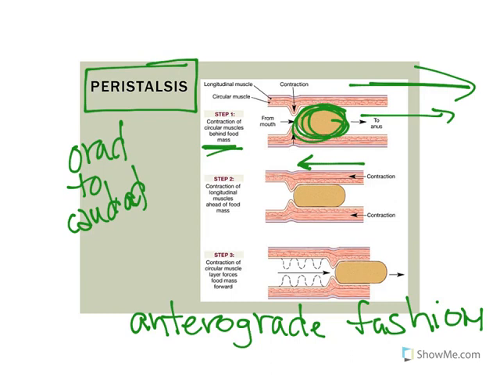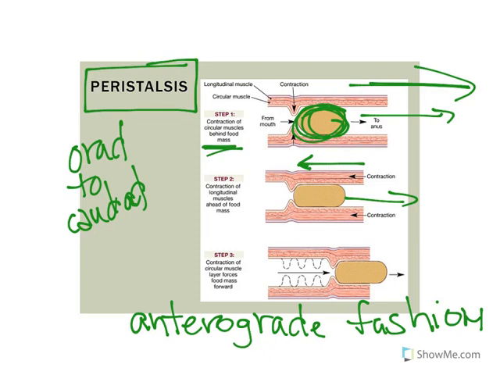Think about what you had to do with that cloth. You had to kind of move that cloth towards where the end of your drawstring was to try to get it towards that opening. So think of it how the longitudinal layer of muscle is doing. It's contracting so you can kind of move it, get this further ahead. Okay, that's the way I think of it.